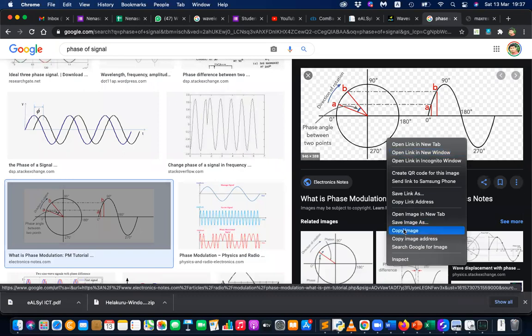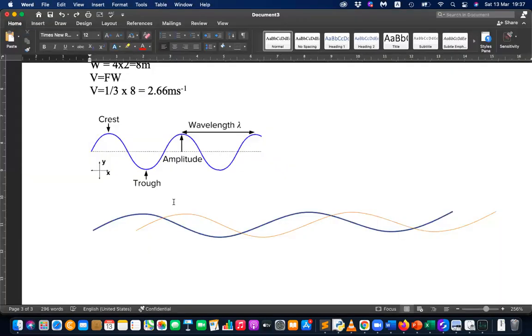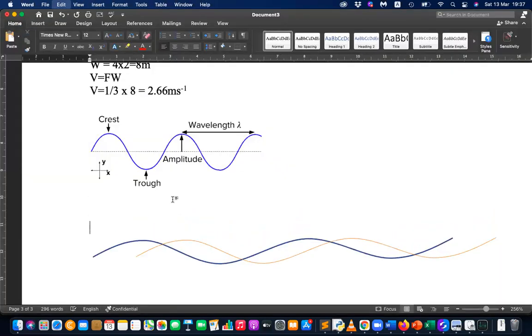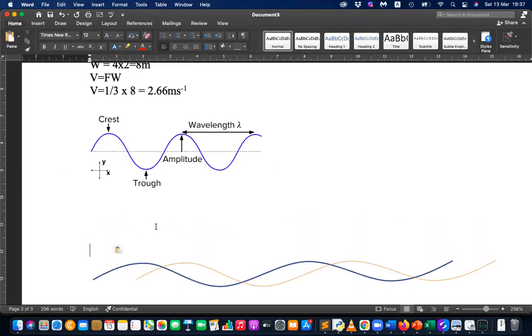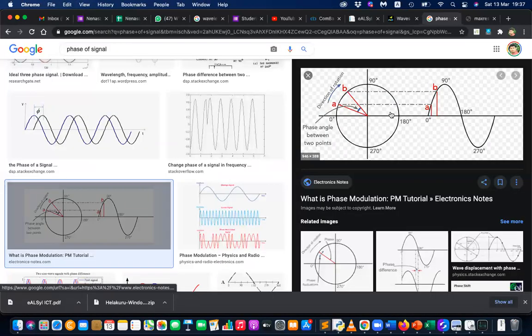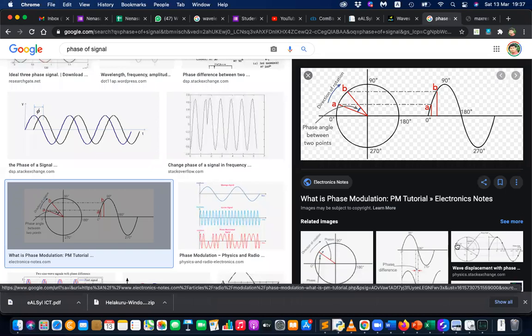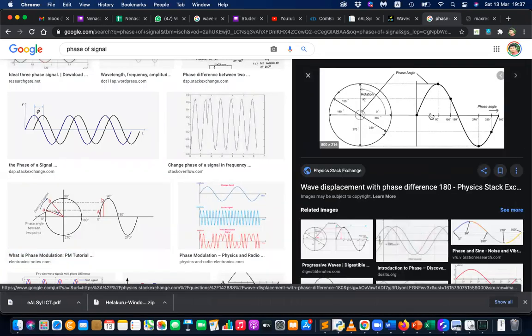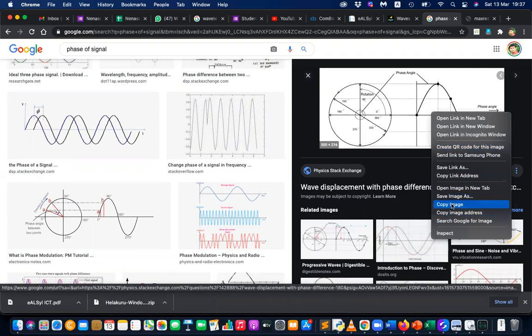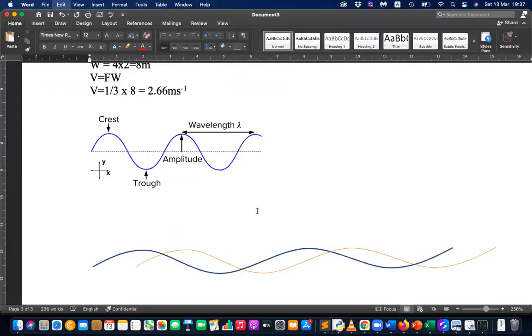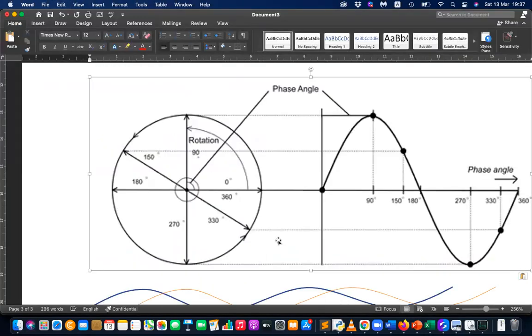So I need to add this image too. This has a 90 degrees phase difference, right? But before learning that, we need to add this phase one also. This is the phase angle, right? This is the last thing that I want to add to your note.